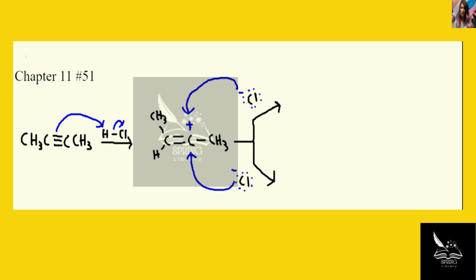And so if we follow the top route, where the chlorine comes from above, at least the way that it's drawn here, we end up with this alkene, where the chlorine and the methyl group are on the same side. And so with the chlorine and the methyl group on the other carbon on the same side, that's going to be the Z isomer.